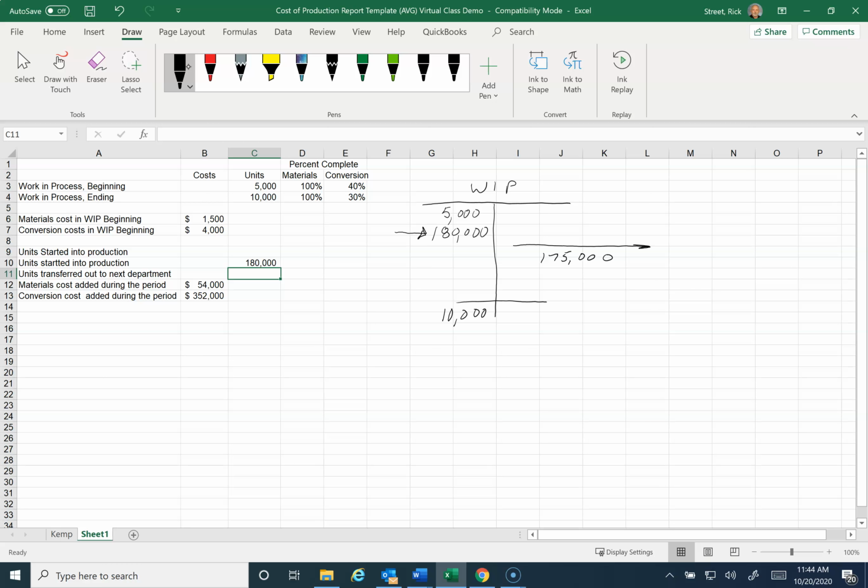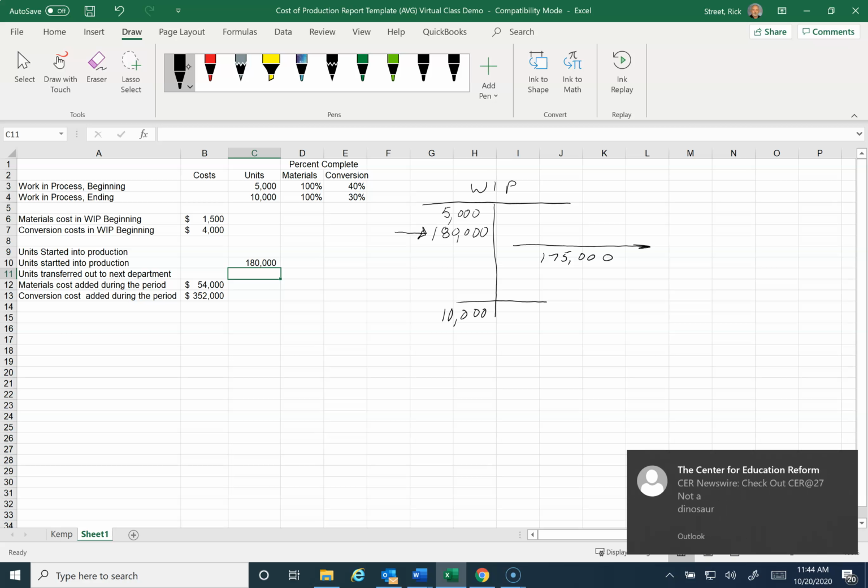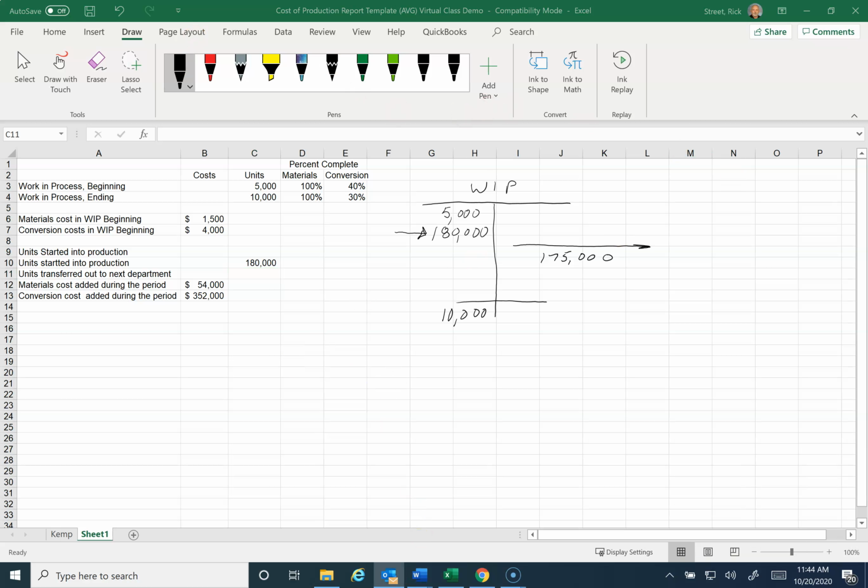Okay, now what we want to do next is account for these units. The 5,000 plus the 180,000 units is often referred to as units to be accounted for. In other words, we need to determine what happened to these units.